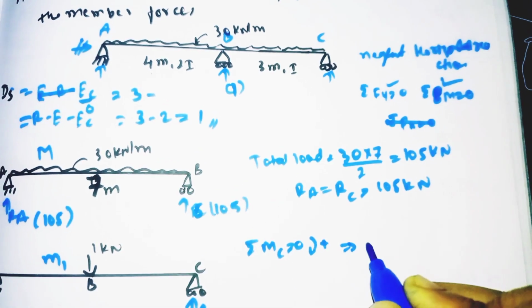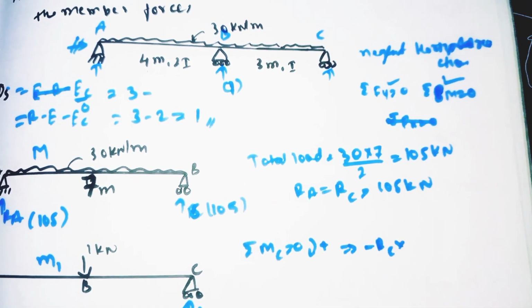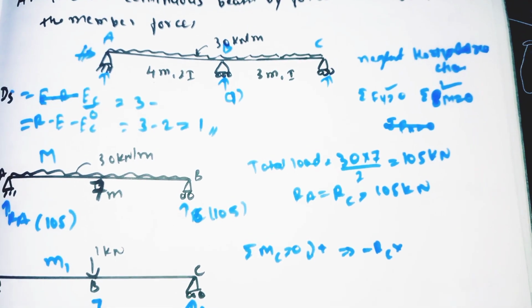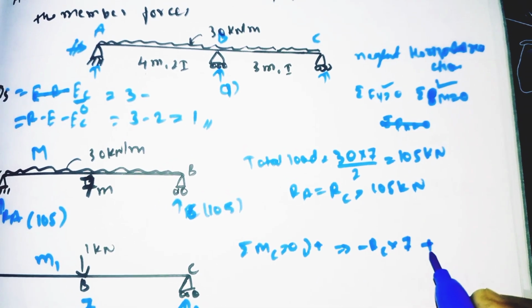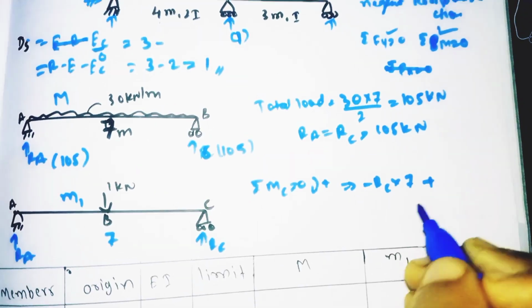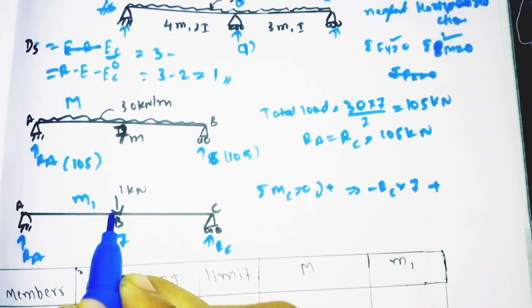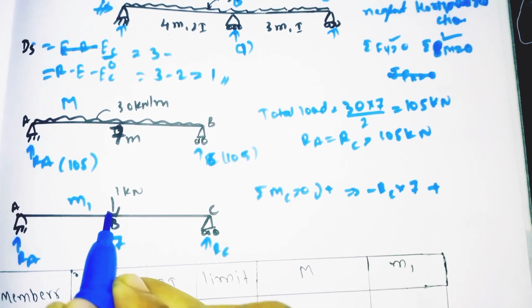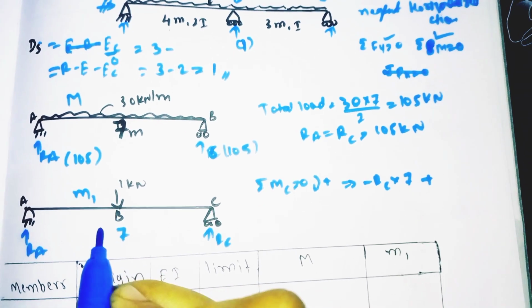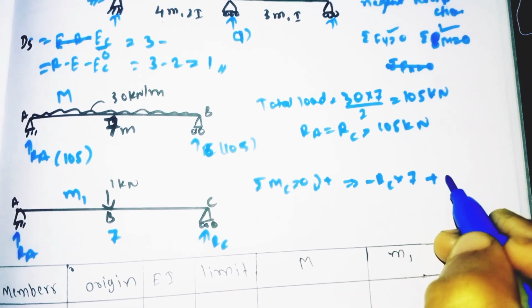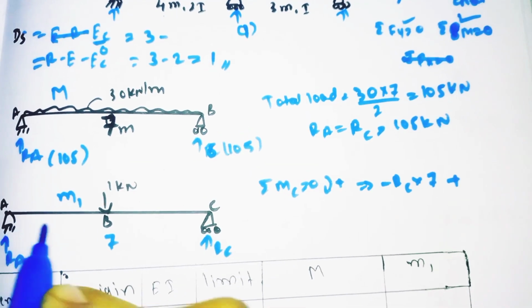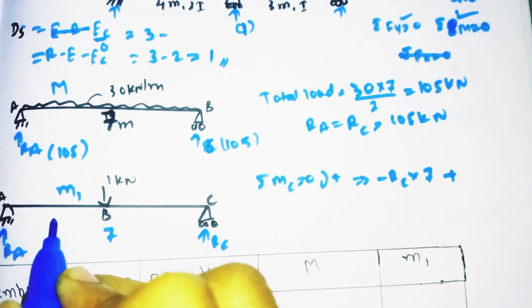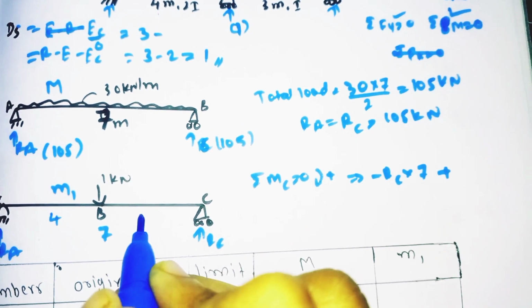RC is moving anti-clockwise, so minus RC into a distance from here to here of 7 meter, so 7, plus the 1 kilonewton unit load is acting, so it is positive, it is moving clockwise. 1 into a distance from here to here is 4, and here 3.